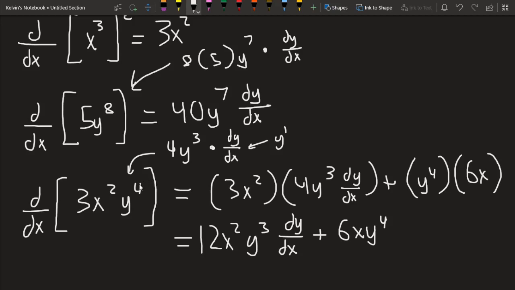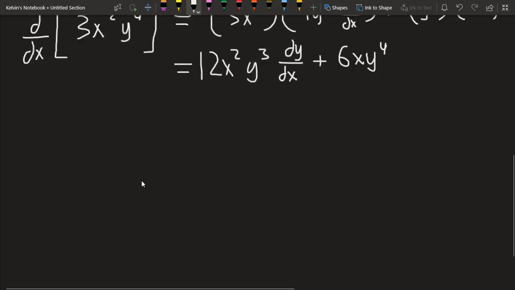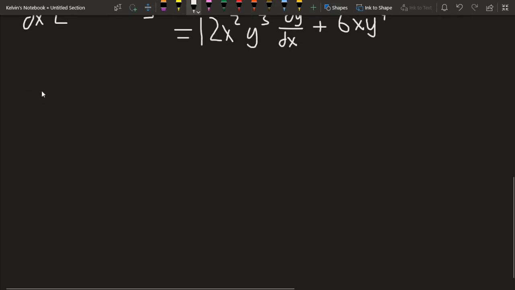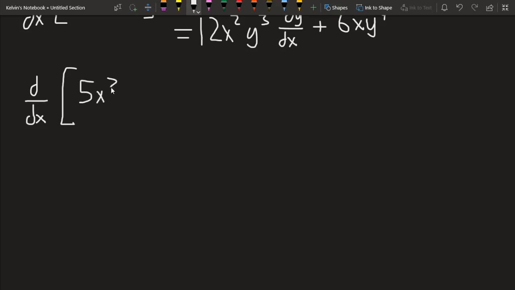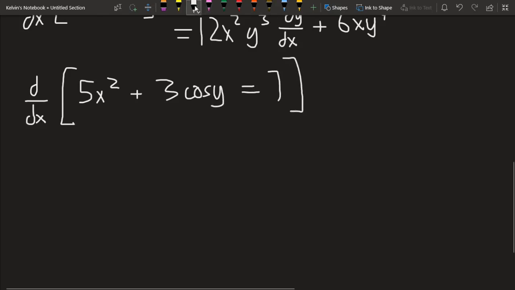Now, let's go on to a little more advanced problem. So we'll need a lot of space for this. Let's say we're asked to find the derivative with respect to x of 5x squared plus 3 cosine of y equals 7.